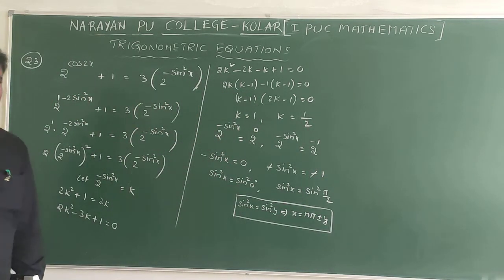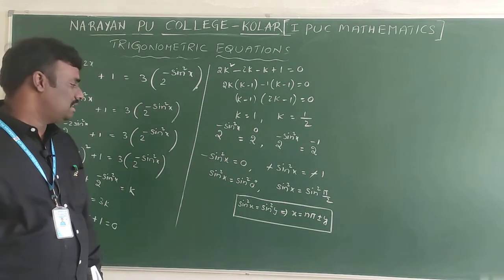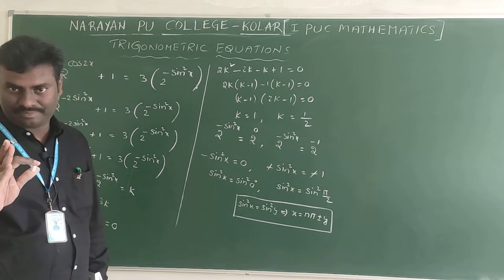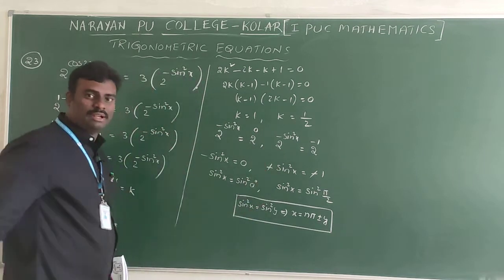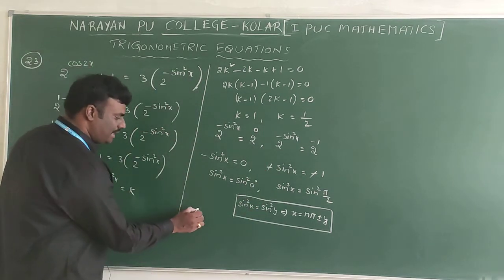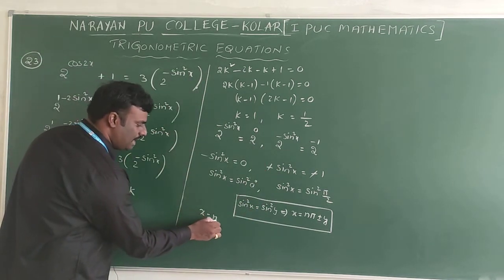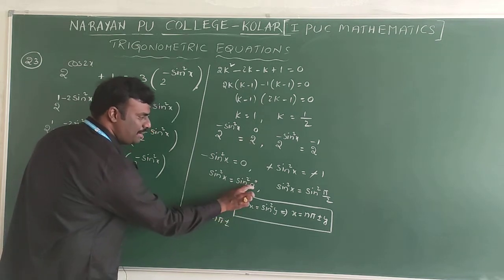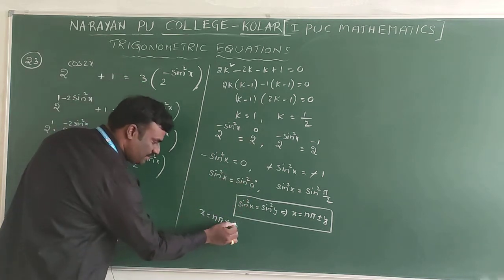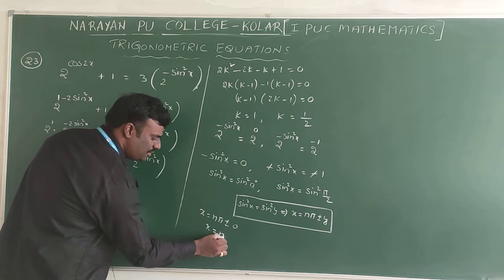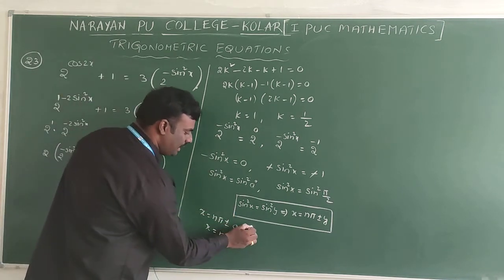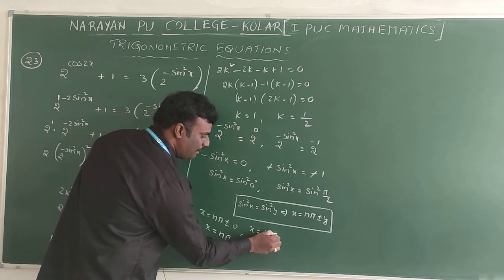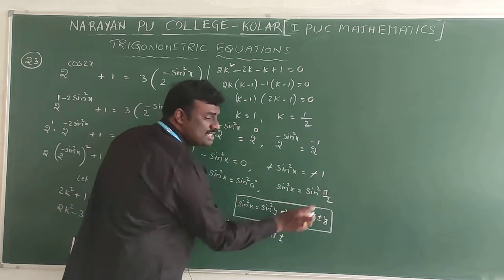That is a formula we already discussed in the previous question. Now this is x, this is y. You can apply. What will you get? X is equal to n pi plus or minus y, which means what? y is 0, so x is equal to n pi. Coming to the second, x is equal to n pi plus or minus y means what?